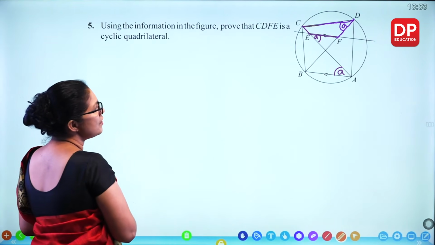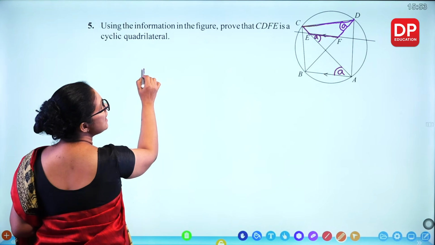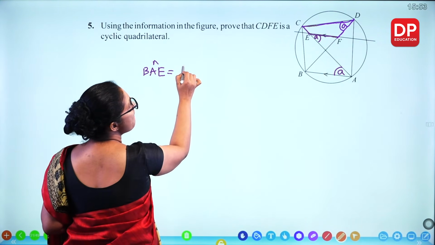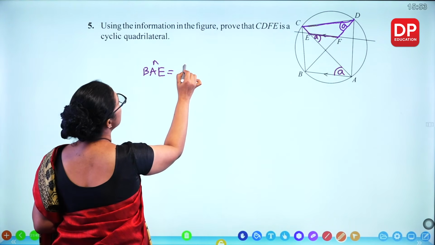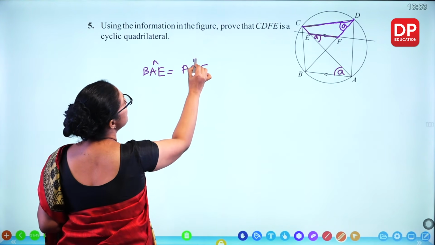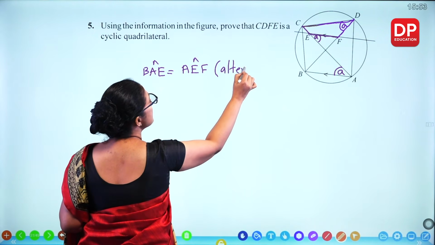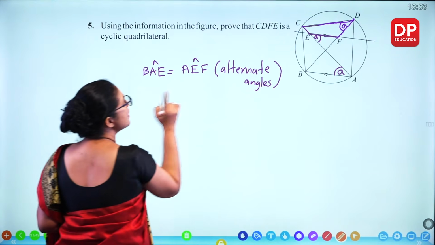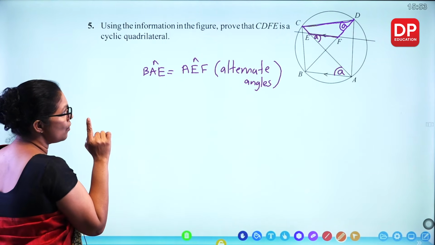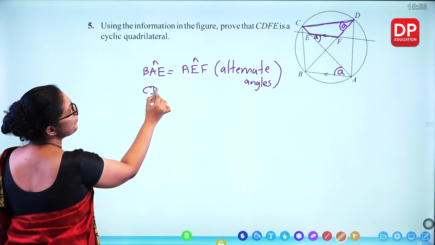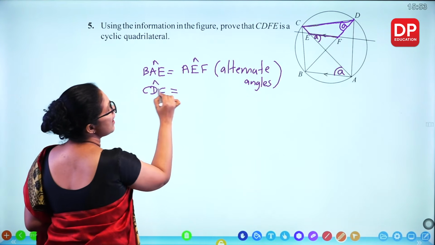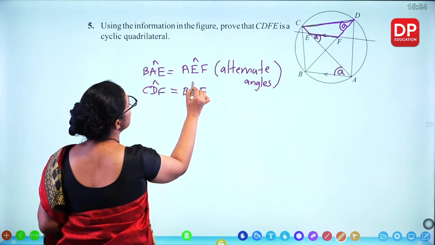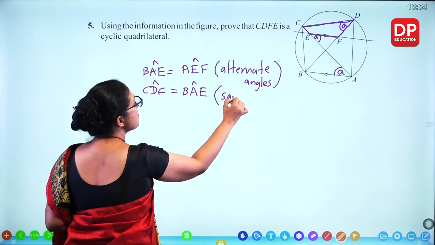We can write down BAE angle is same as AEF angle because of alternate angles. And also we know CDF angle is same as BAE angle because of same segment angles.